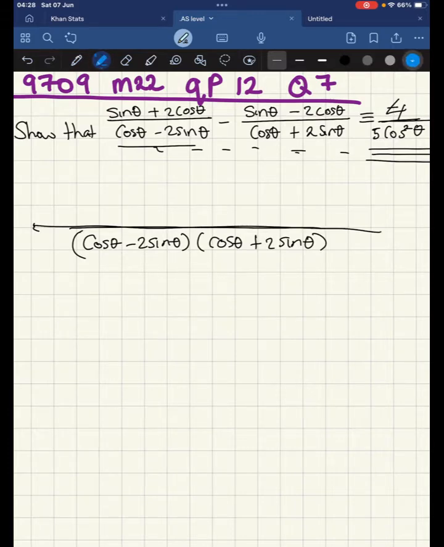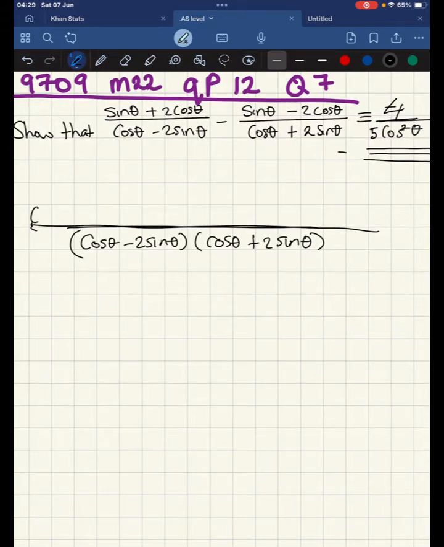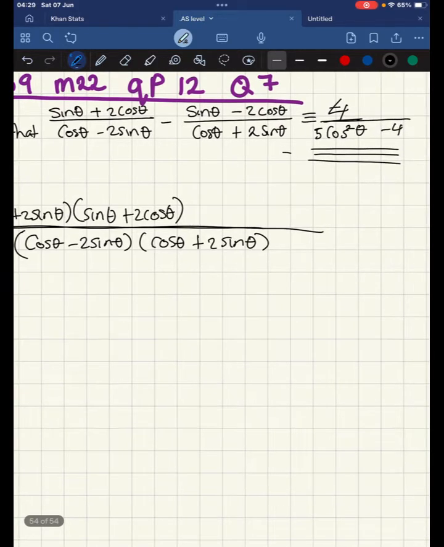For the one on top, let's remove this. For this one, this goes away. This cos sine theta gets cancelled out, and then we're left with this. So it's going to be cos theta plus 2 sine theta multiplied by sine theta plus 2 cos theta. Okay, minus, and then for this one, this will fall away, but this will be there.